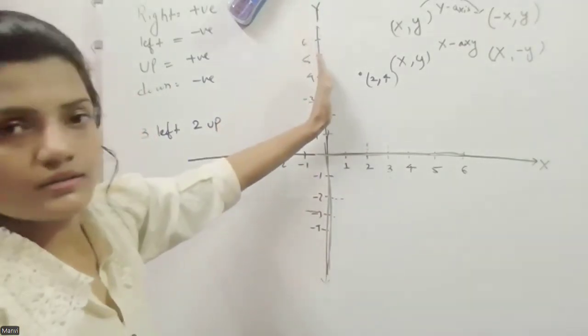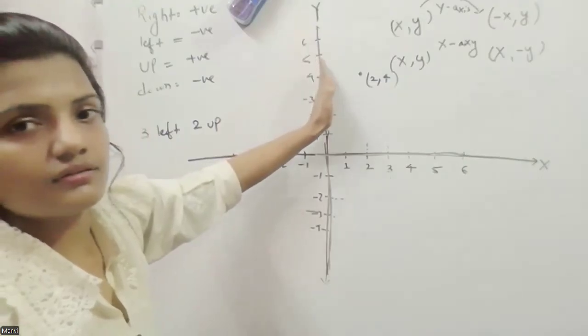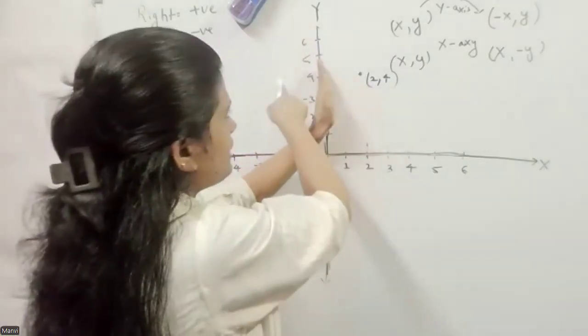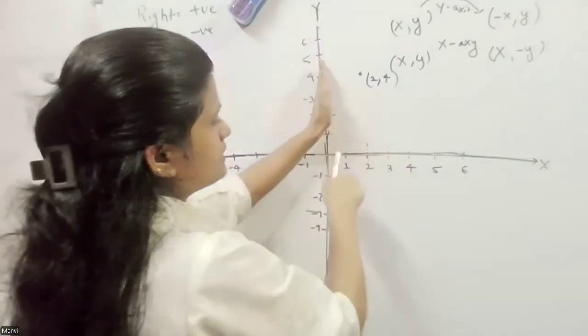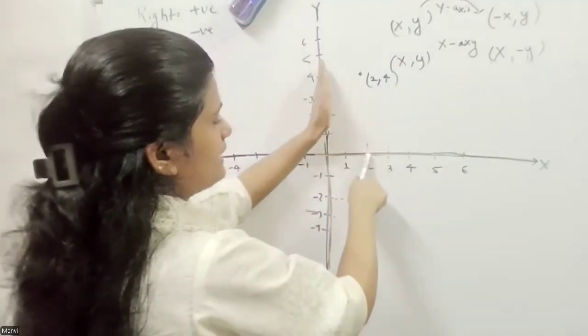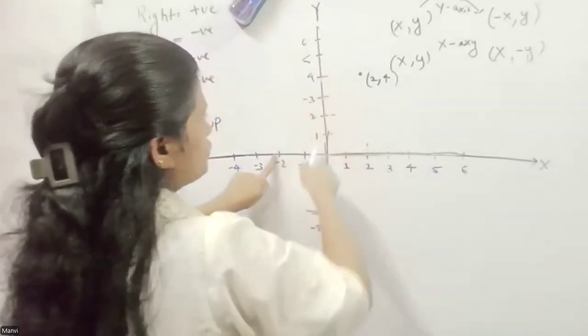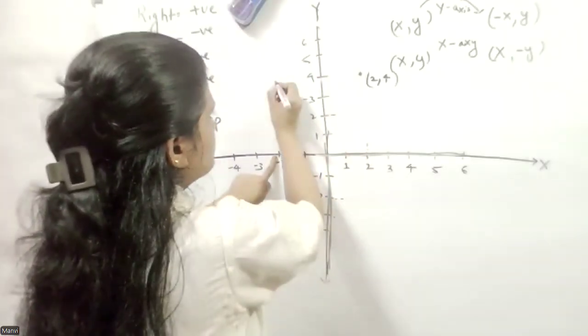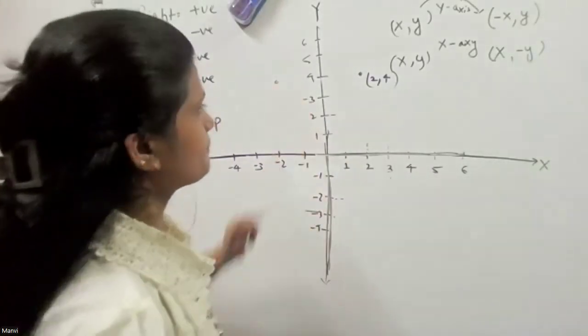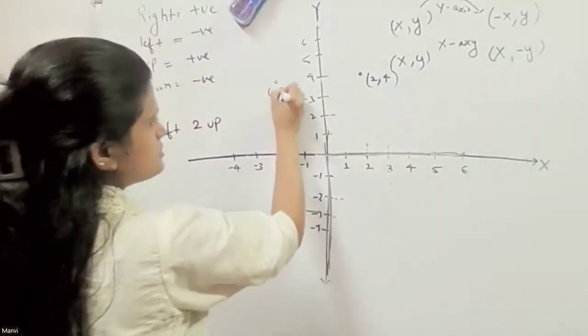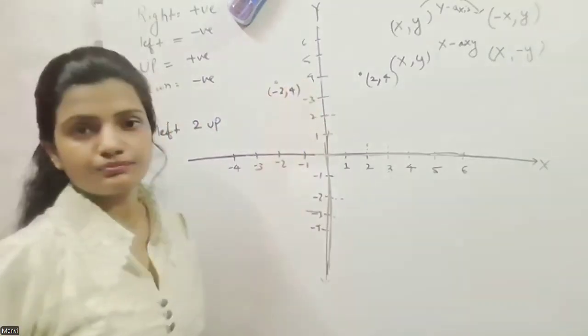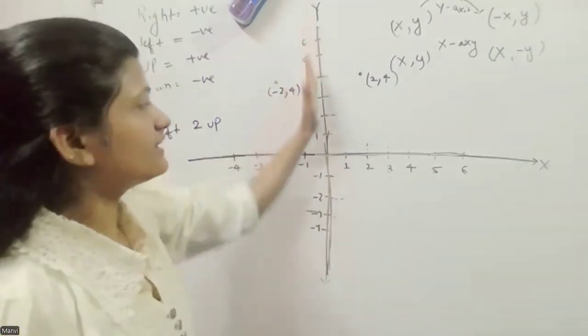Y-axis. Just feel it like a mirror. So it goes somewhere here. This is 2 units, right? So we need to move 2 units left. This is 4 units right, 4 units up. So we also need to move 4 units up. Similarly, this point is called minus 2, 4, because it is reflected in the y-axis.